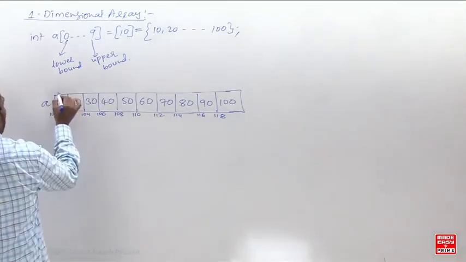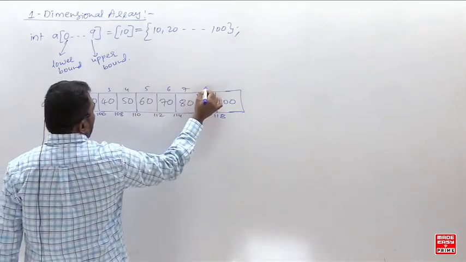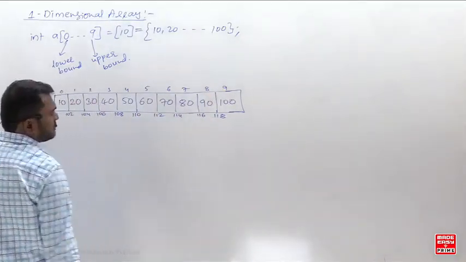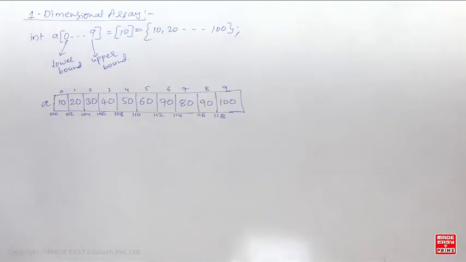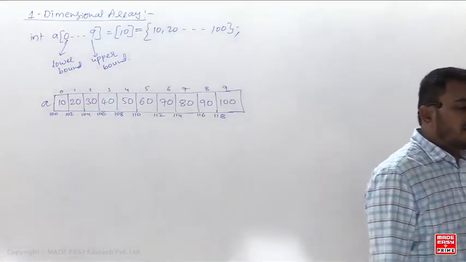Copy this. These are a of 0, 1, 2, 3, 4, 5, 7, 8, 9. Copy this carefully; this 1D array is different from whatever we studied already.